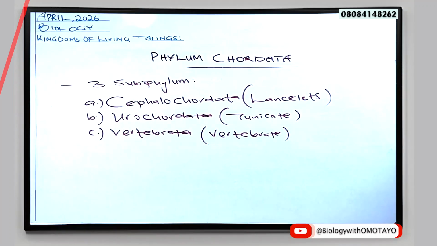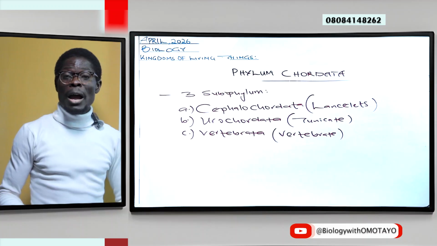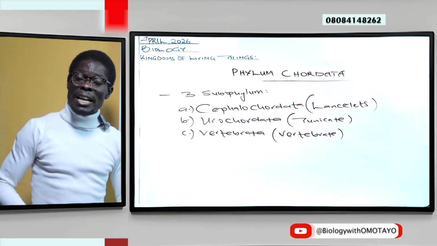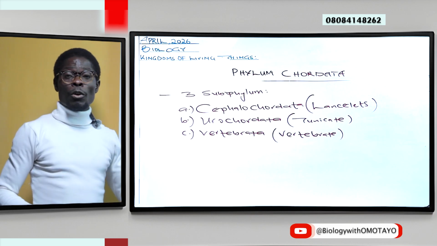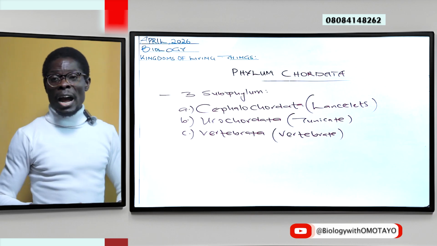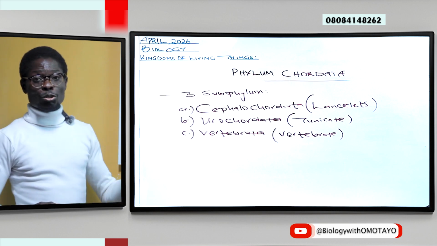Earlier in one of our lessons, we spoke at length about each of these subphyla and their unique differences. Cephalochordata have a notochord at the primitive developmental stage; however, as it matures, such structure is lost.